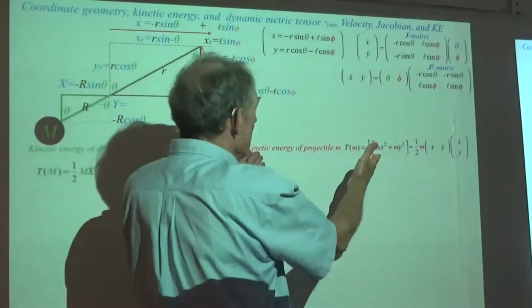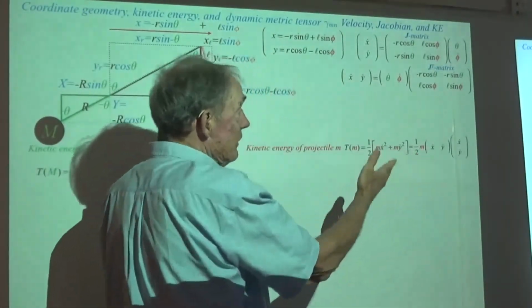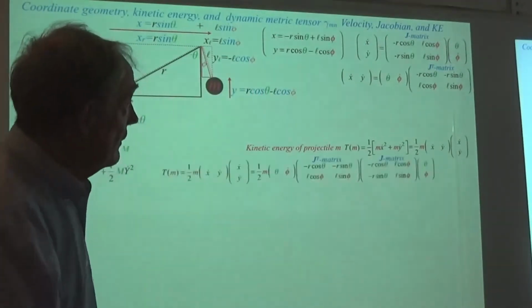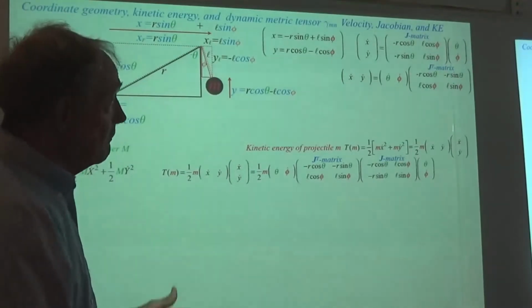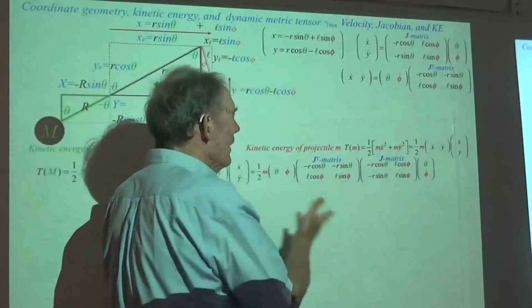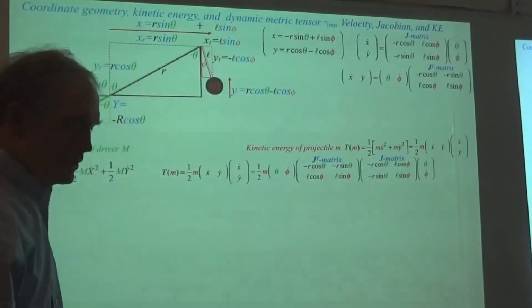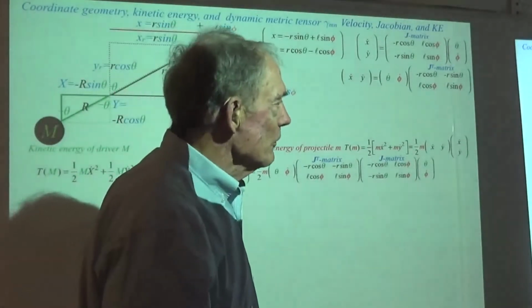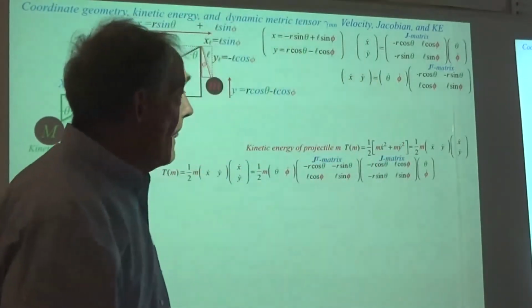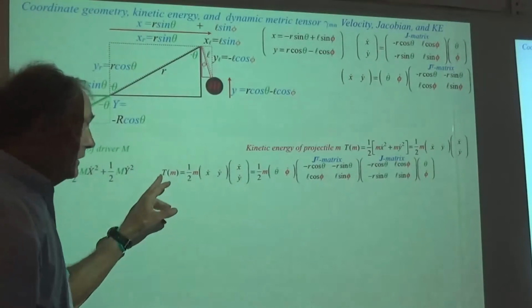And we're going to write the kinetic energy as a non-trivial quadratic form. And that's a key way to have a decent set of bookkeeping that doesn't let you make as many errors. It's a shortcut, a little bit of a shortcut, is to write this kinetic energy.